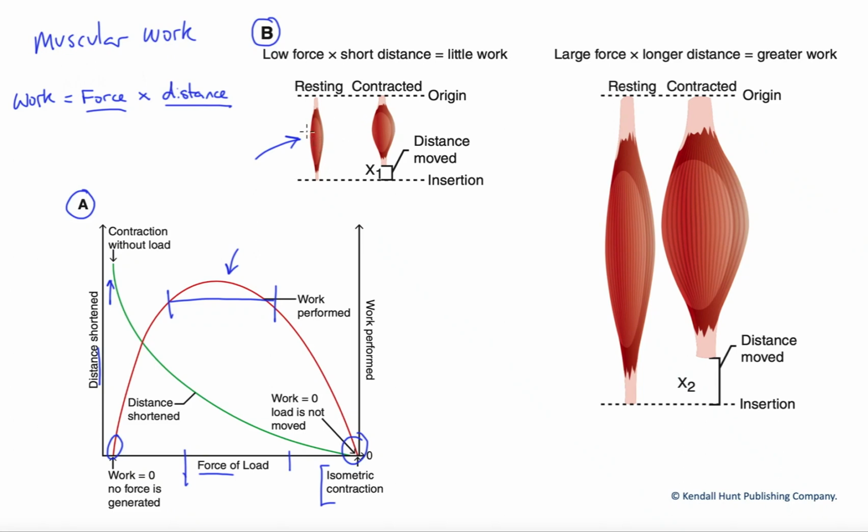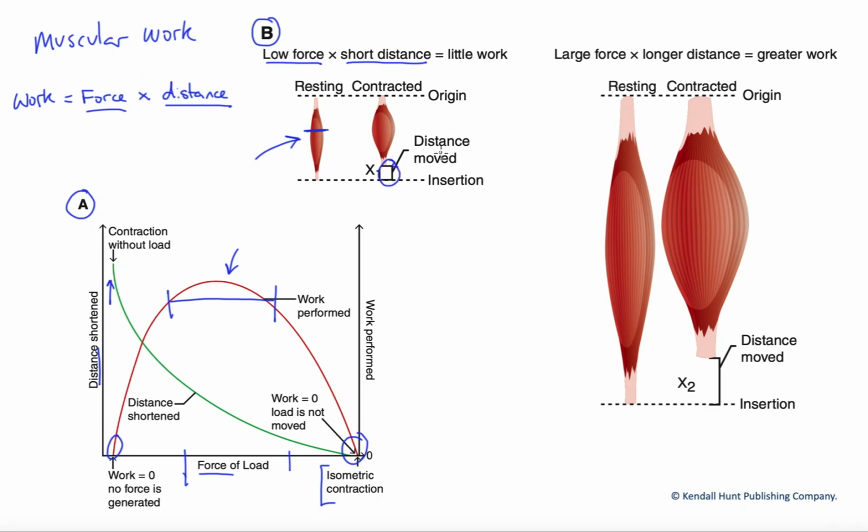The reason for that, if we draw a line through it here, remember, is that the cross-sectional area of the cells of that muscle is a major determinant of how much tension that muscle can generate. So this very small muscle is going to generate low force. It just isn't going to have enough cross bridges to generate large force. In addition, because it's a small muscle, it can only shorten a small distance, shown here, this distance moved.